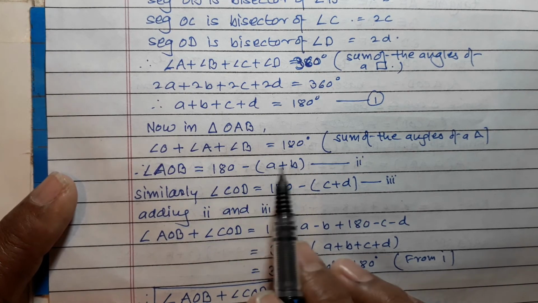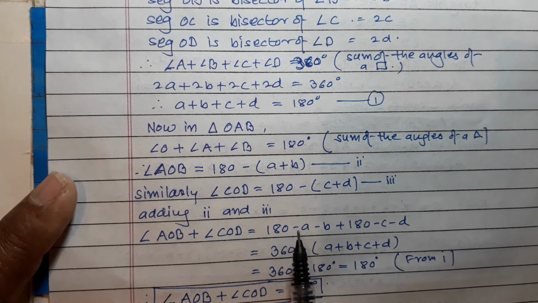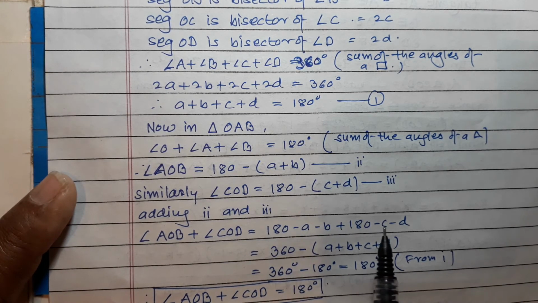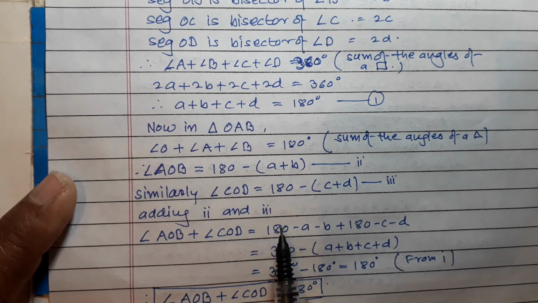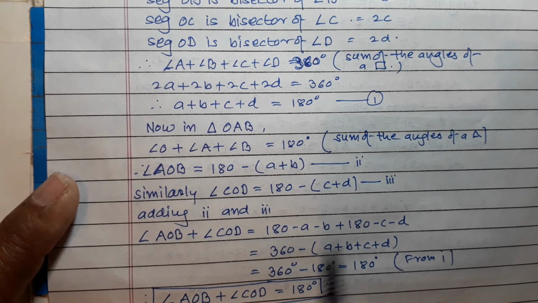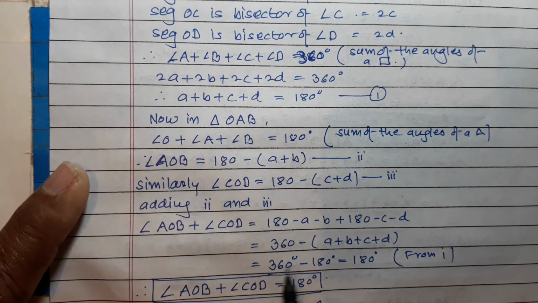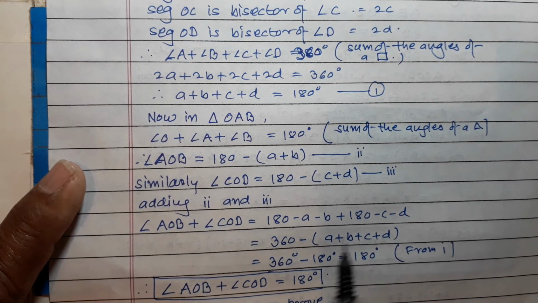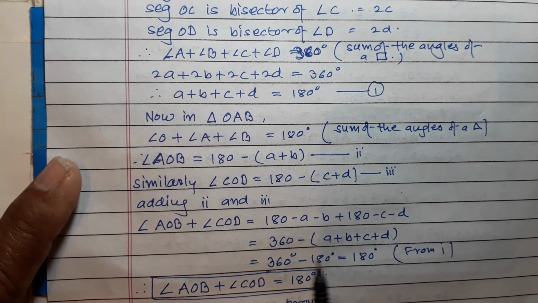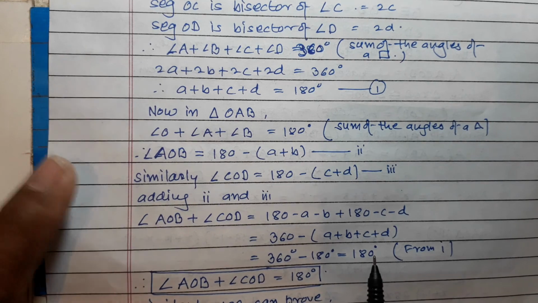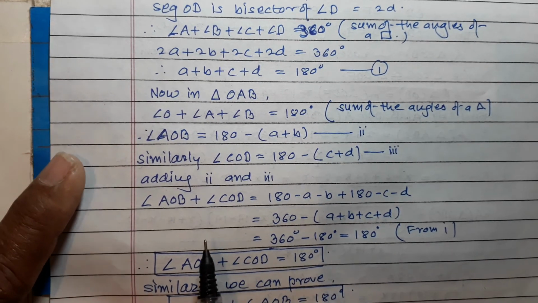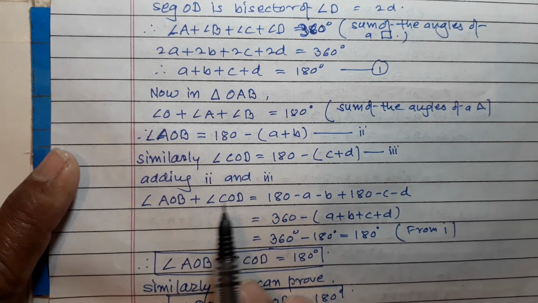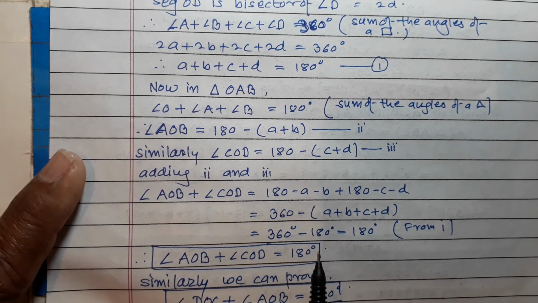Okay, adding 2 and 3, angle AOB plus angle COD is equal to 180 minus (A plus B) plus 180 minus (C plus D). So open this bracket: 180 minus A minus B plus 180 minus C minus D. So this is 360 minus (A plus B plus C plus D). So this is equal to 360 minus 180, which is equal to 180 from statement 1, and therefore angle AOB plus angle COD is equal to 180.